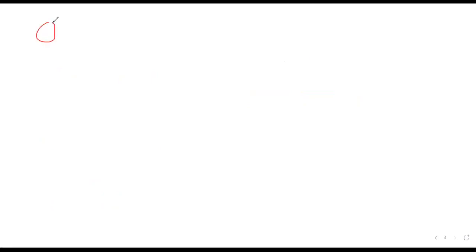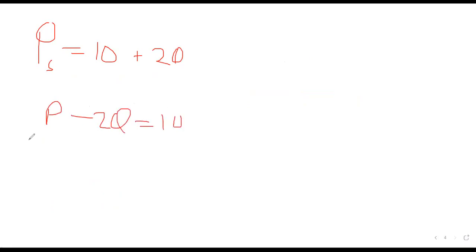On the other hand, P in terms of supply can be given by 10 plus 2Q. So you put the letters on one side, P minus 2Q is equal to 10. What number is on letter P? 1. 1 into 10 is 10.